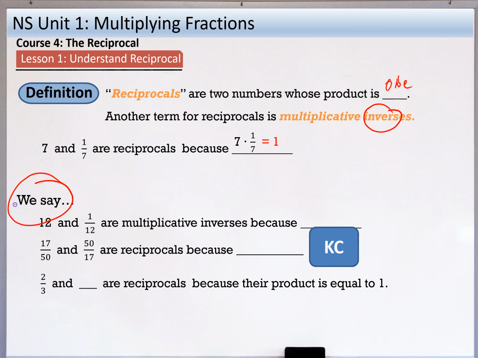All right, so a lot of vocabulary in this lesson. I want to make sure you understand. You can interchange the terms multiplicative inverse and reciprocal. So 12 and 1/12, 17/50 and 50/17, 2/3 and what number are reciprocals?